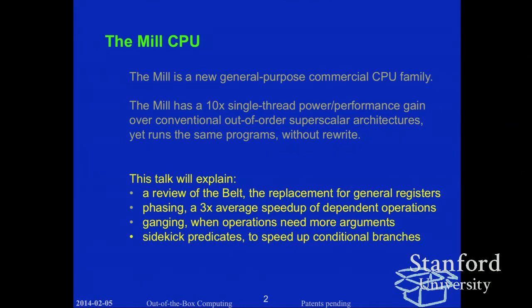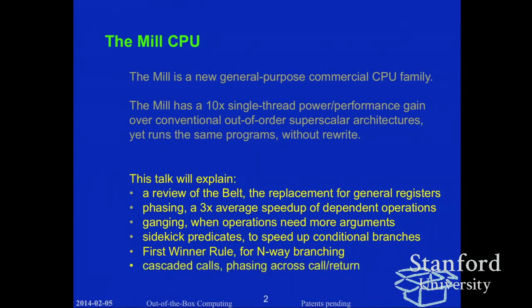And how that gets used in order to avoid the problems of using condition codes to indicate Boolean values. Lastly, I'll speak briefly on the subject of how n-way branching is performed and how, when you have multiple calls in a single instruction, these cascade.